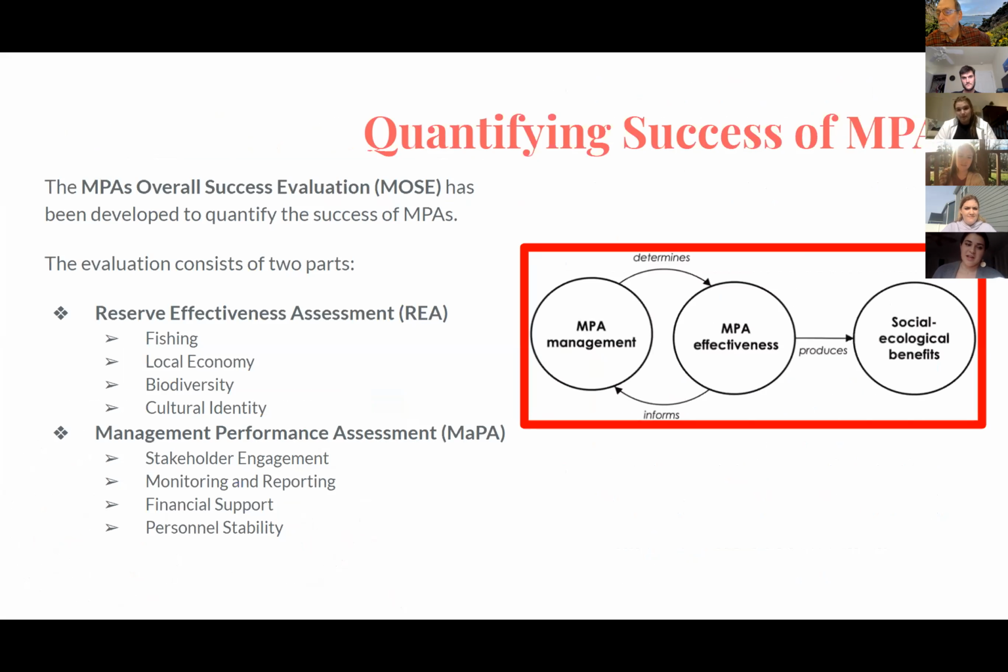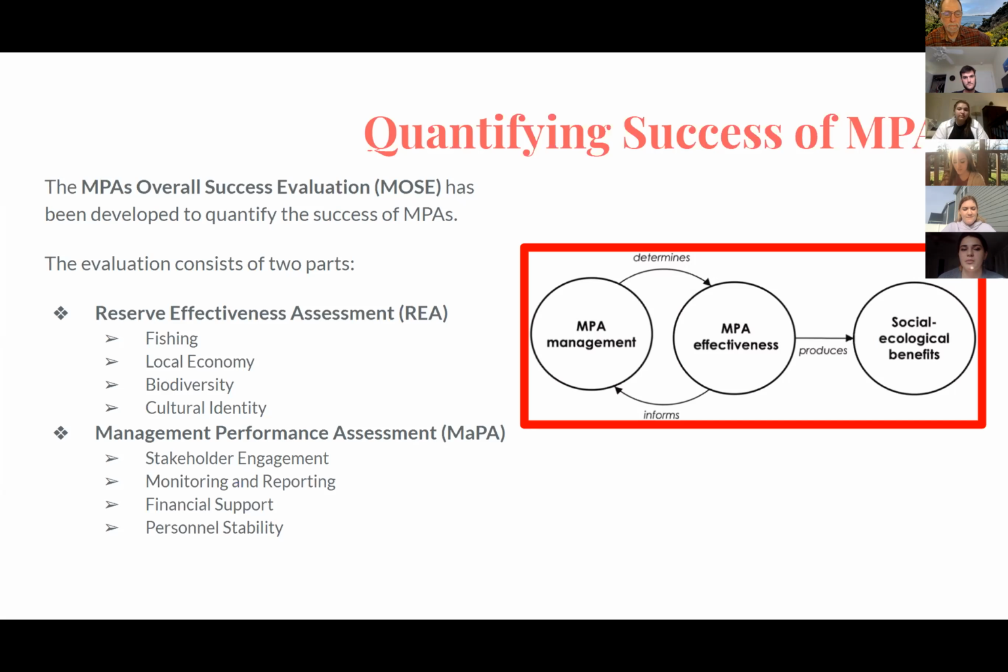So if we're looking at quantifying the success of MPAs, we have to go off of what I found is the MPA's overall success evaluation, simplified to MOES, in order to verify the success of an MPA economically through two parts of the evaluation: the Reserve Effectiveness Assessment Index and the Management Performance Assessment Index. The REA index focuses more on the social ecological reserve effect based on biodiversity, fishing, local economy, and cultural identity of the MPA.